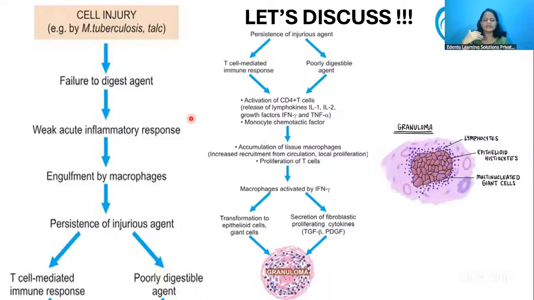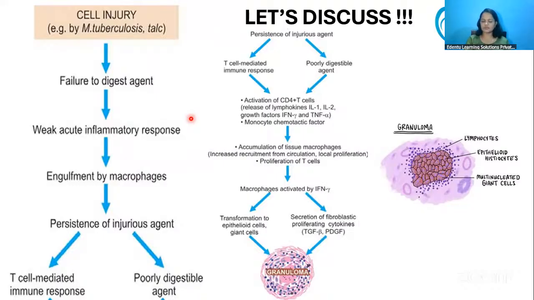In case of any cell injury, or if any bacteria attacks our body and comes inside, there will definitely be acute inflammation trying to eliminate it. But the bacteria or the stimulus will be so strong that the acute inflammation cannot destroy it. So it will activate T cells.